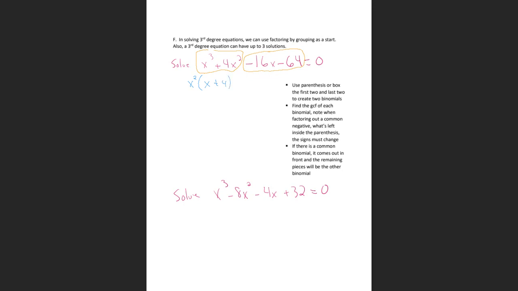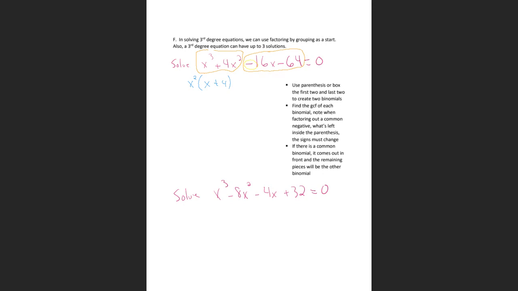Now, when there's a negative in this position here, what we do is we go ahead and pull the negative on out, which means these 2 signs are both going to change when I do this. Notice that a 16 does go into 64, I believe. 64 divided by 16 is 4.